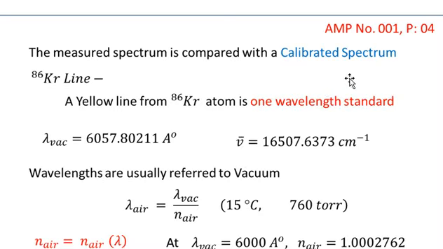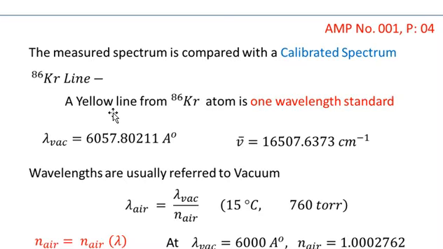Such calibrated wavelengths were used in the past. In the past, we have been using a Krypton 86 line as a reference line. Krypton 86 emits very many wavelengths, and one wavelength, which we call the yellow line, has been used as a reference line.